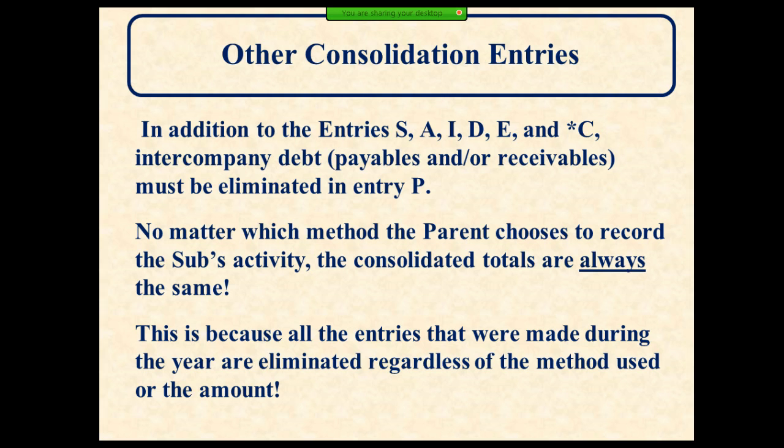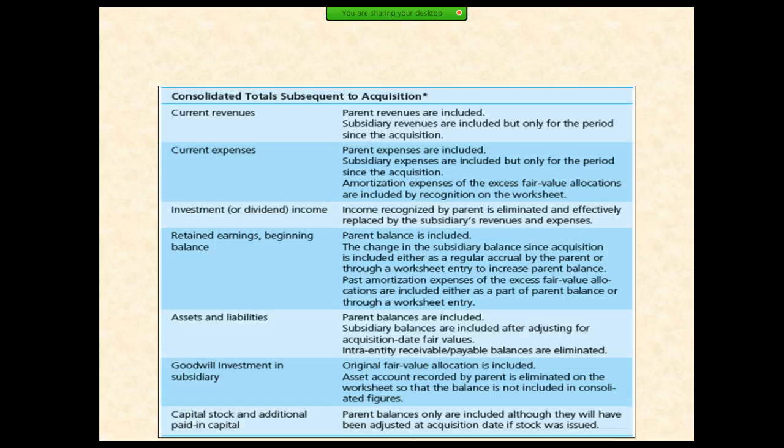Basically, and this is something I'm just trying to continue to point out, no matter what method we're going to use for internal reporting, the consolidated financial statements will always be the same. We're just going to need to do some adjustments when we're using the initial value or partial equity method, because they're all going to get eliminated in the end anyway to do the consolidation.